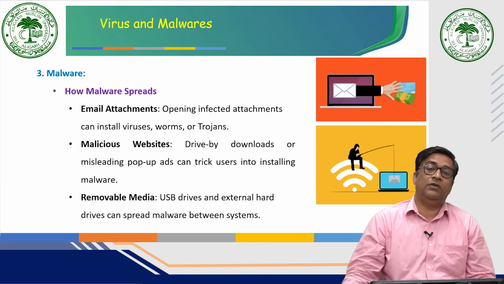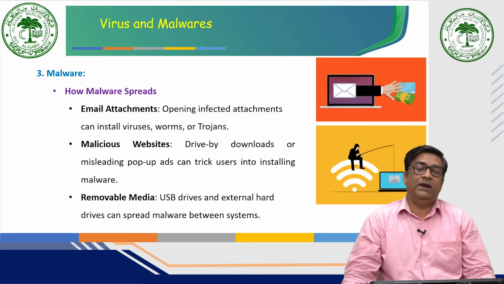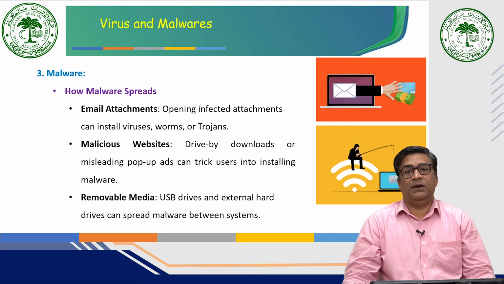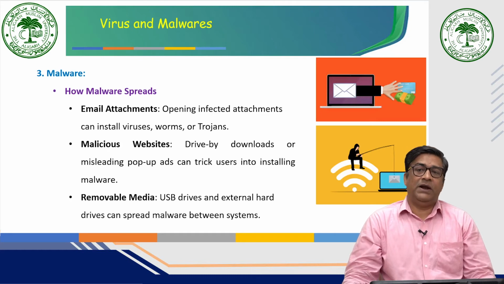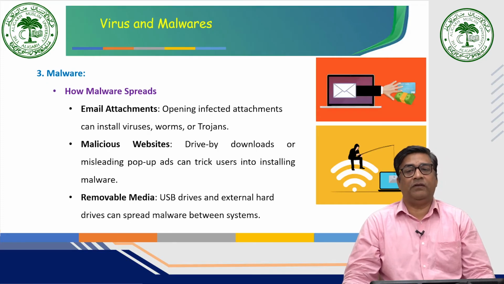This is one of the most prevalent methods of malware distribution. Cyber criminals send emails containing attachments that appear legitimate, but when you open them, the files can install various types of malware, including viruses, worms, and Trojans.